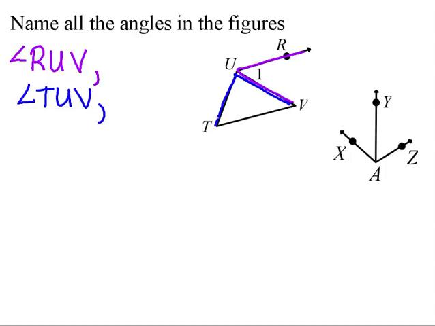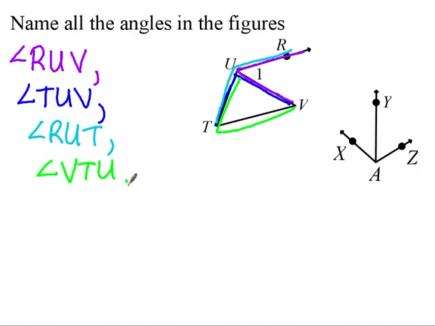All right. What's another angle? RUT. Good. That group, what's another angle? VTU. Angle VTU. Okay. That group, another one. TUR. Okay, that's the same as this one.